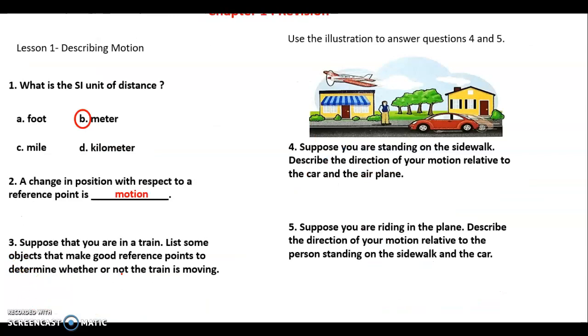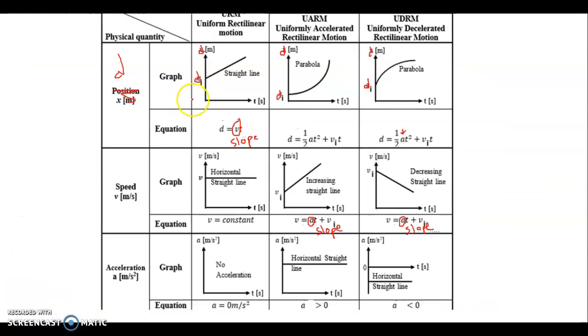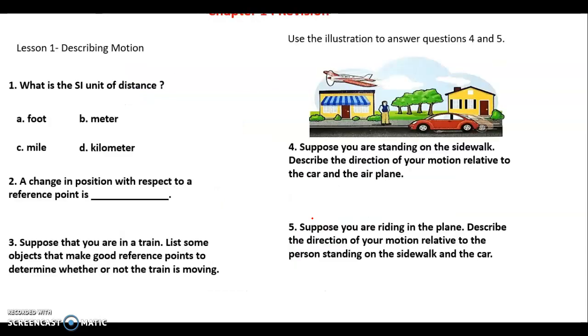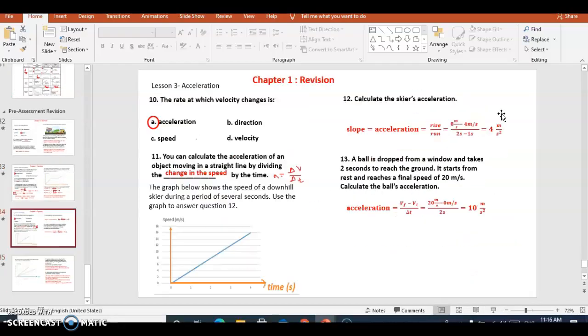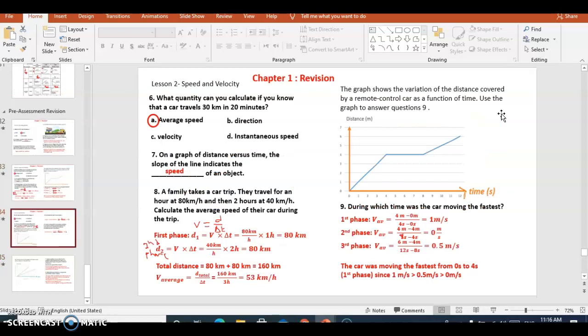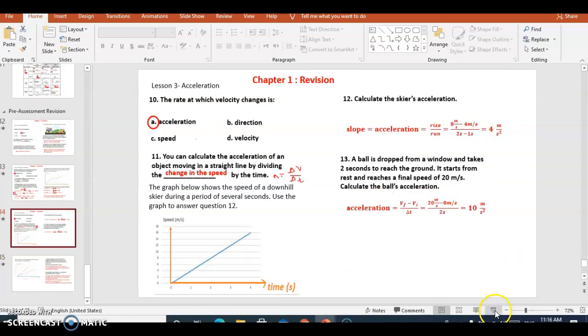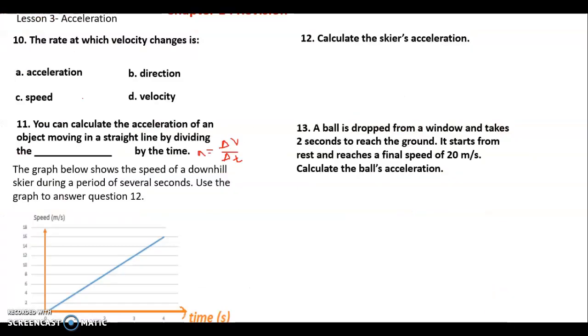If you go back to the summary, here I said if V versus T is an increasing line, then the slope is the acceleration. So we have in this graph the acceleration.